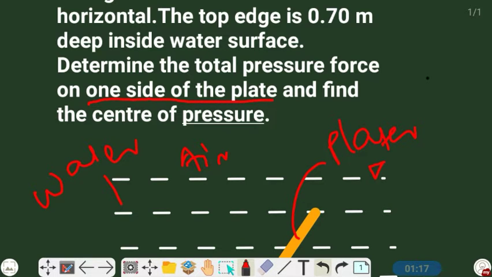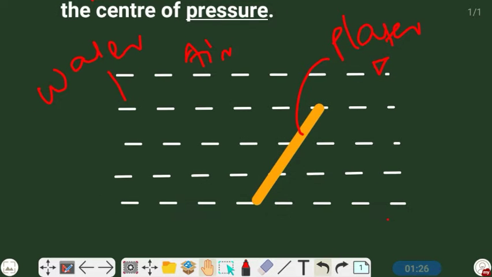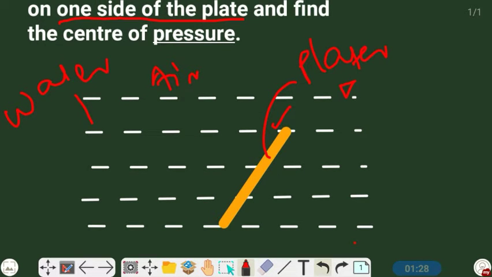Why is this so? Because the hydrostatic force will act on both surfaces, on this surface and on this surface also. On both surfaces they will balance out each other, so you cannot find the net force that way.